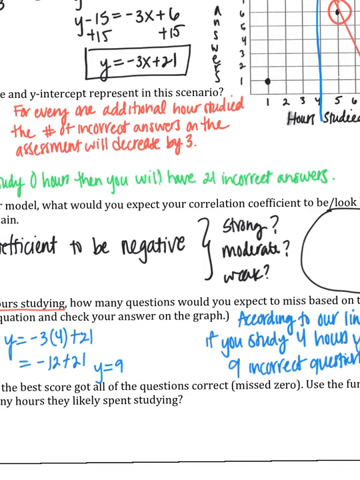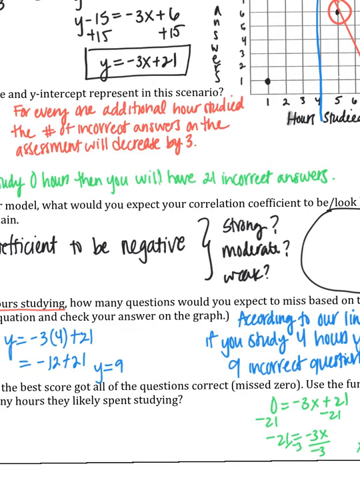You're going to plug in for y equals 0 and solve for x. So 0 equals negative 3x plus 21. I can subtract 21 from each side. Negative 21 equals negative 3x. And if I divide by negative 3, x equals 7.